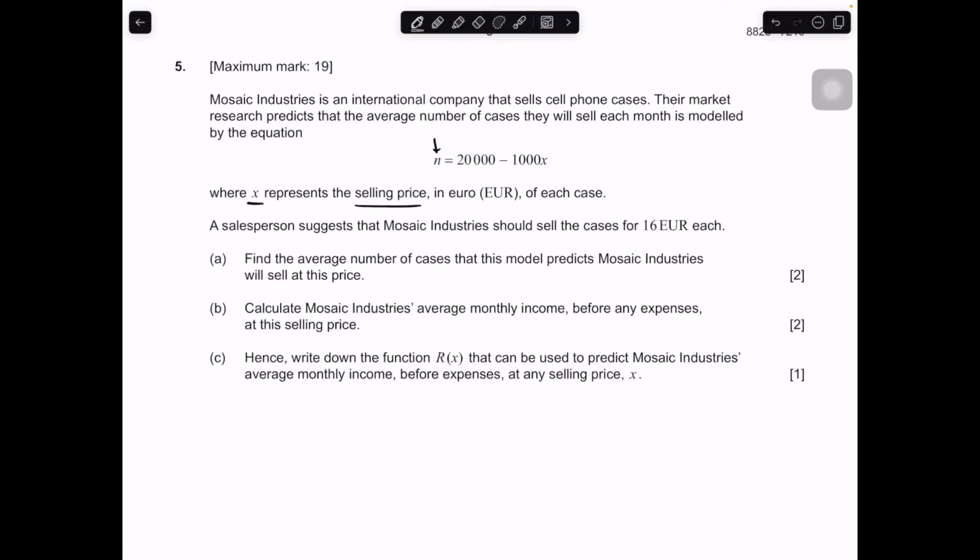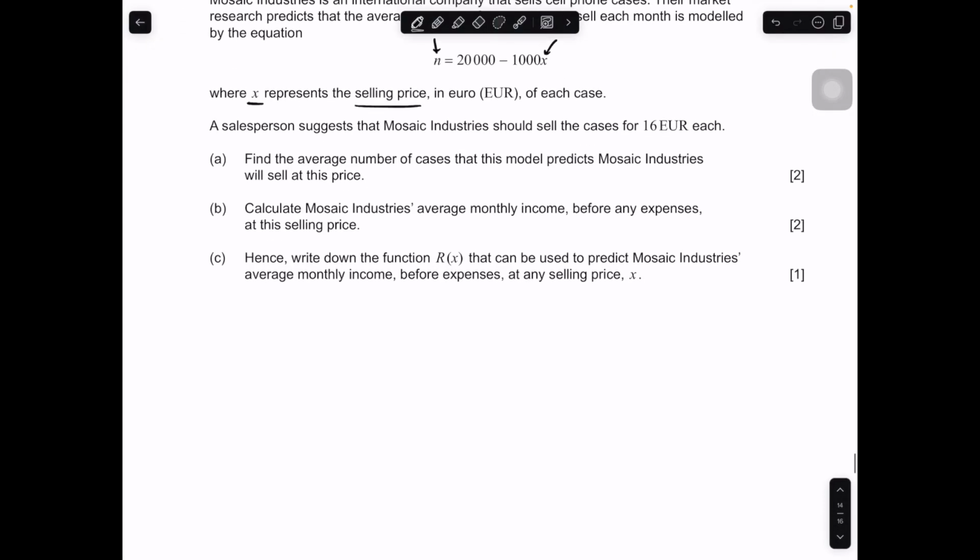So we have a function, number of cases we sell, as a function of the price per case.